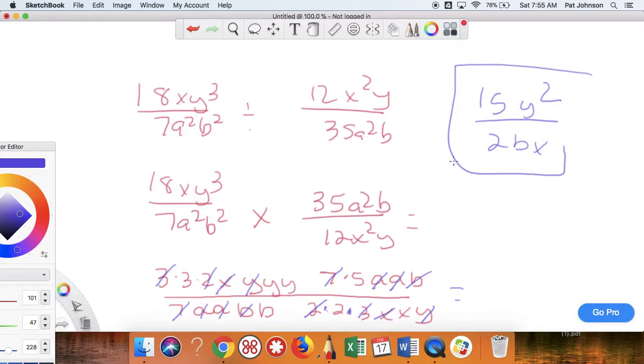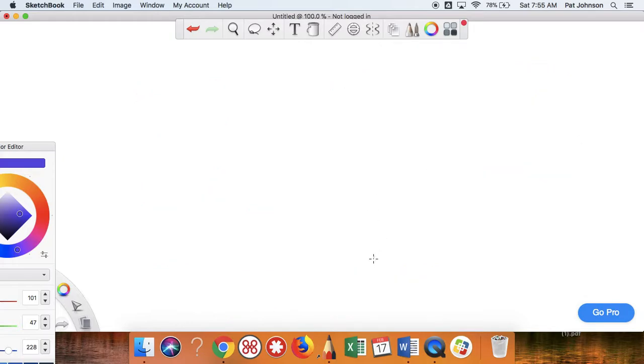Okay, so now sometimes it's necessary to factor both the numerator and the denominator before we simplify each expression. So let's look at example 5. It says x squared minus 6x minus 16 all over x squared minus 16x plus 64 times x minus 8.